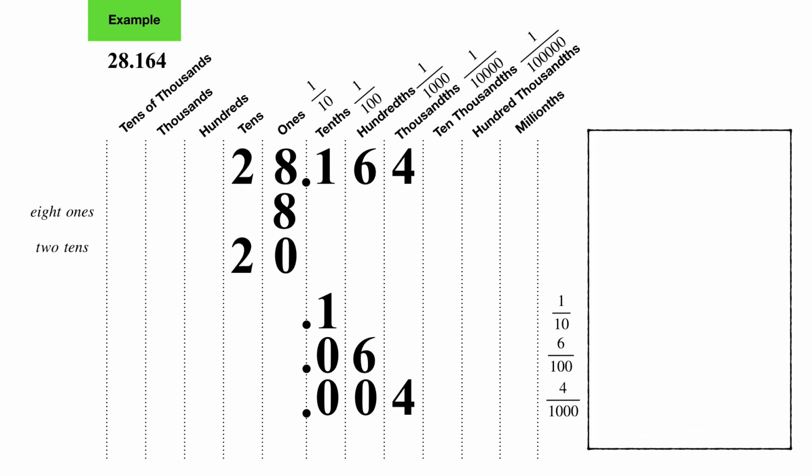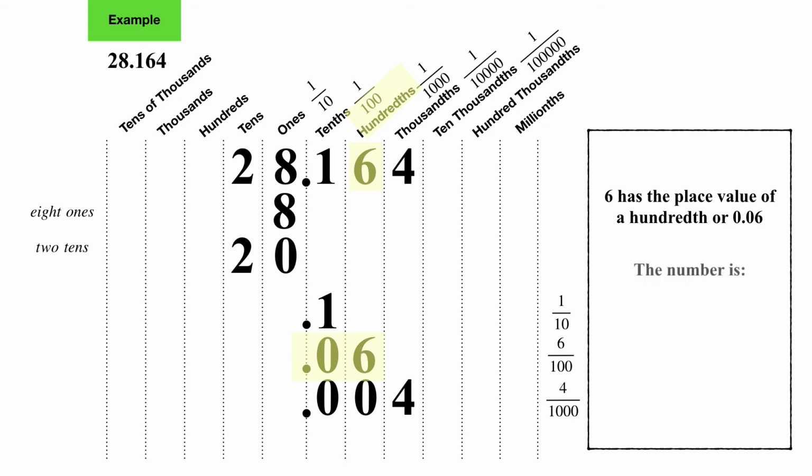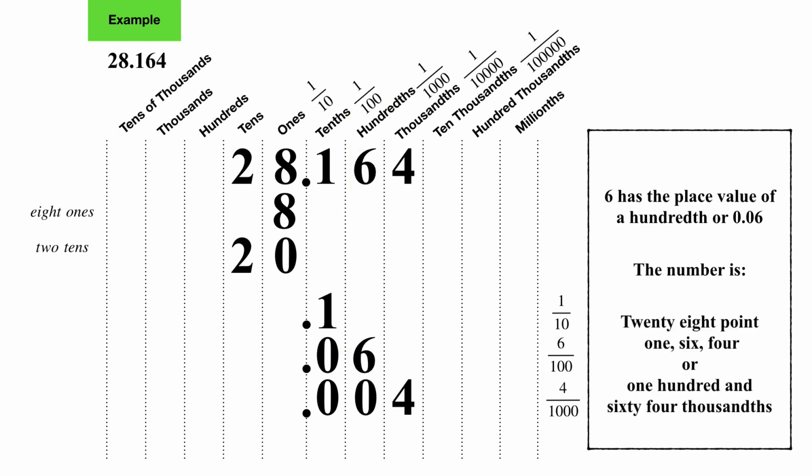So this means that the number 6 has the place value of a hundredth, or 0.06 as the place value. And the number will be 28.164, or 28 and 164 thousandths.